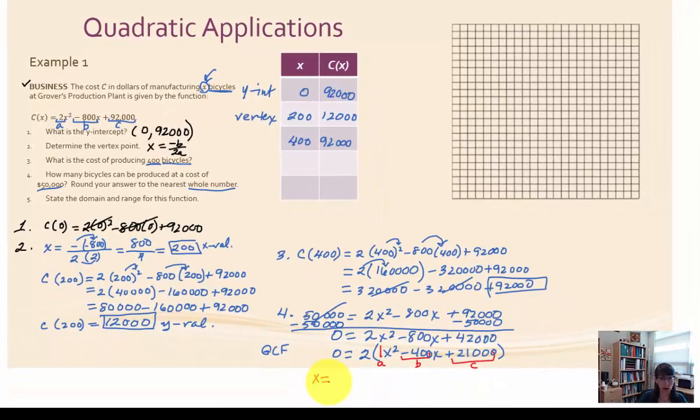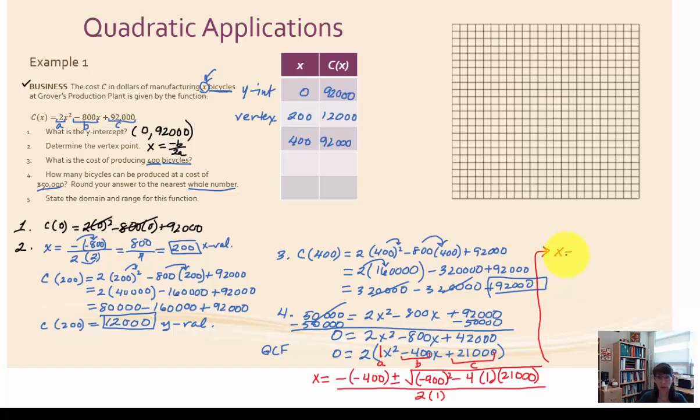We're ready to solve using the quadratic formula. So x is equal to minus b, so it would be minus the negative 400 plus or minus the square root of b squared, so the quantity of 400 squared, minus 4 times a, which is 1, and c is 21,000. And all of those terms are divided by 2a.